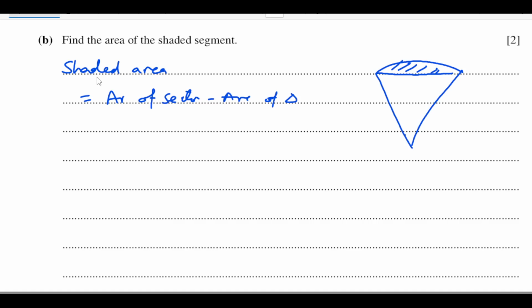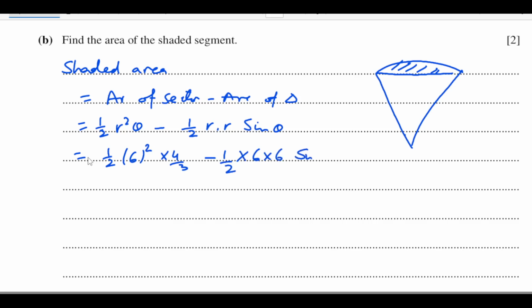So the area of the sector is half r squared theta, minus the area of the triangle, half, we will use the half ab sine theta formula. This is half times 6 squared times 4 by 3, minus half times 6 times 6 times sine 4 over 3, right?